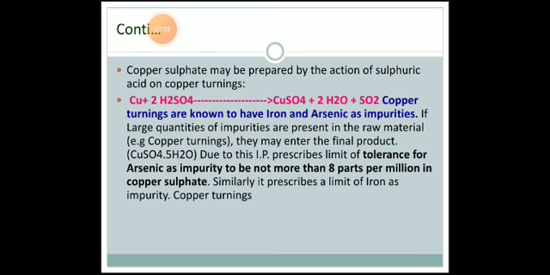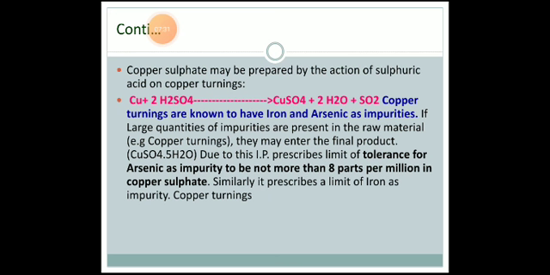Copper sulfate may be prepared by the action of sulfuric acid on copper turnings. When we make copper sulfate, the copper reacts with the sulfuric acid to form copper sulfate, and the copper turnings are known to contain iron and arsenic impurities.